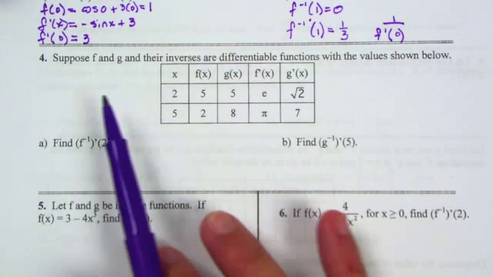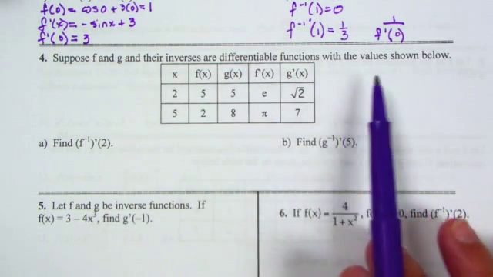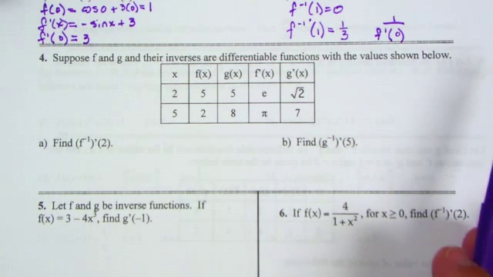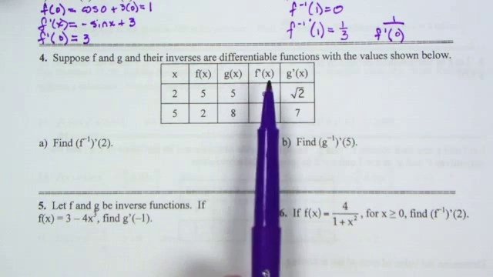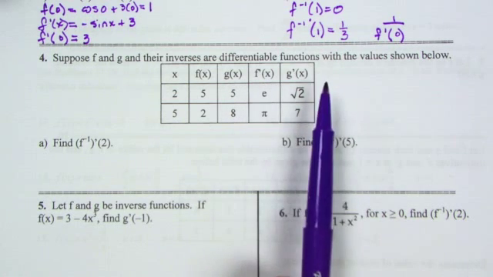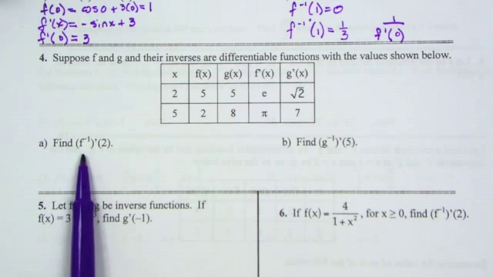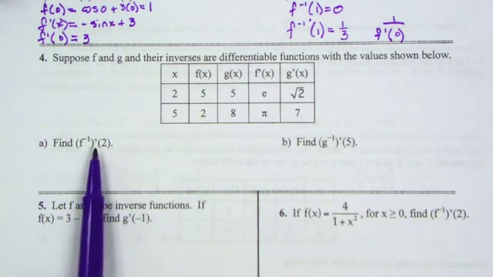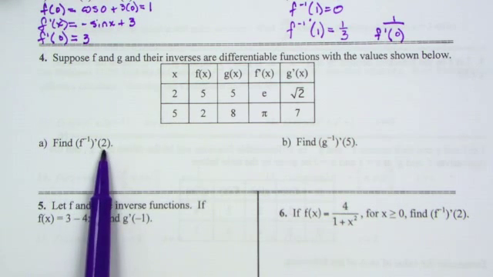Suppose f and g and their inverses are differentiable functions with the values shown below. Okay, so here are my x values, here's f of x, g of x, f prime, and g prime. What does this say to do? Find the derivative of the inverse of f at 2.